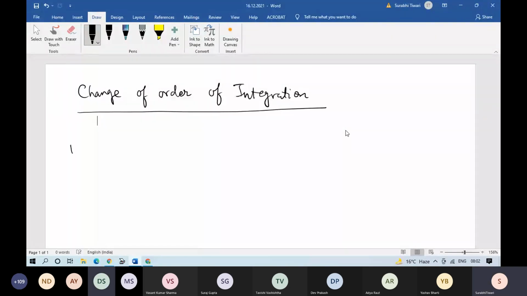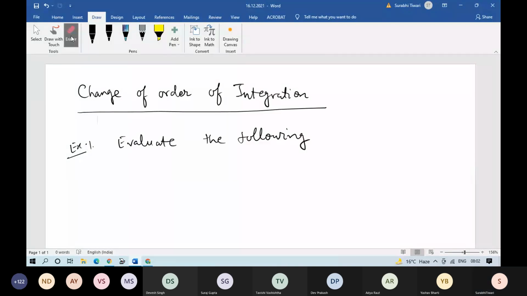So write a question. Evaluate the following by changing the order of integration.